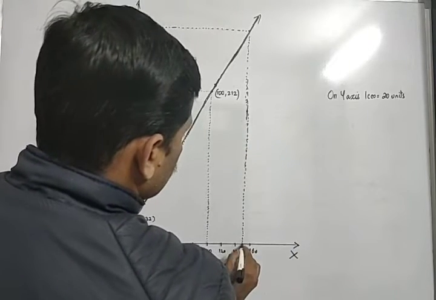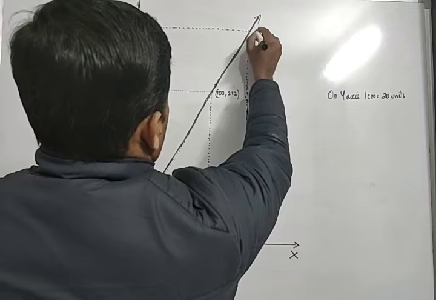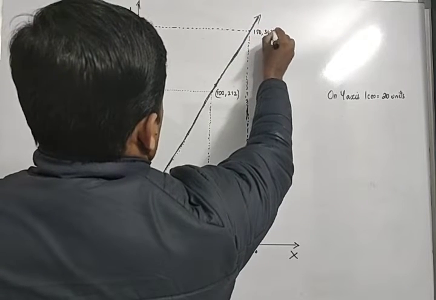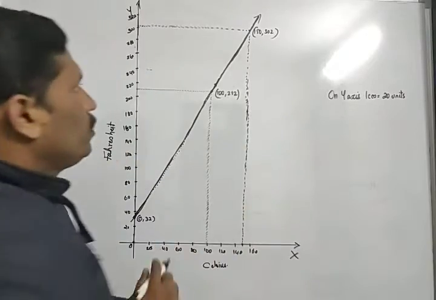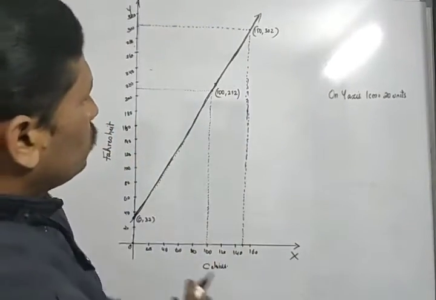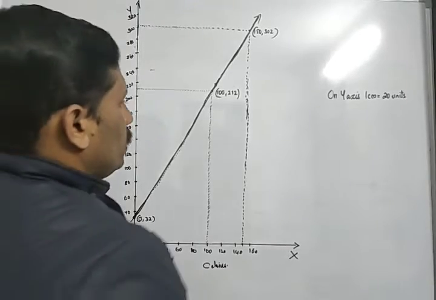That means it reaches 150. So here we write 150 degrees and 302 degrees Fahrenheit. So when Fahrenheit is 302, then its degrees Celsius will be 150.